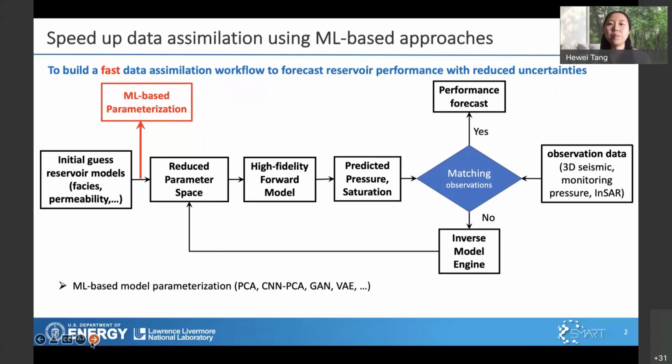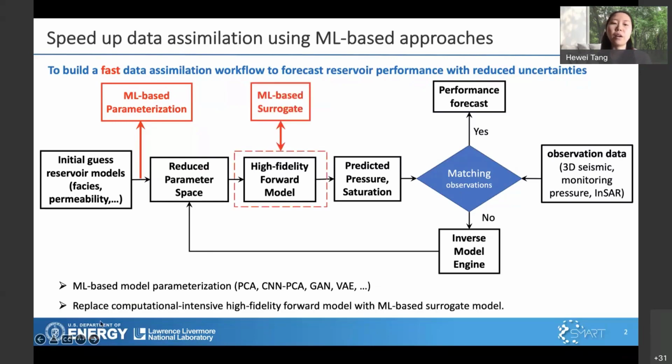With more advanced machine learning techniques, such as neural networks, we can more efficiently parameterize the parameter space, and we can also parameterize more complex scenarios that used to be really difficult to handle by traditional parameterization approaches.